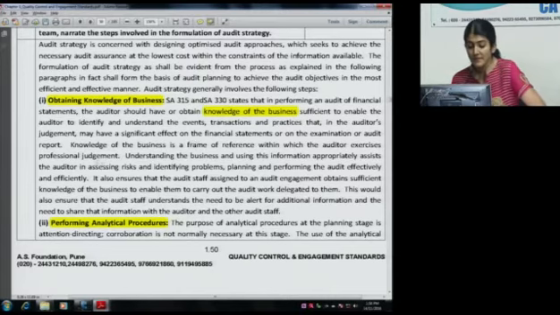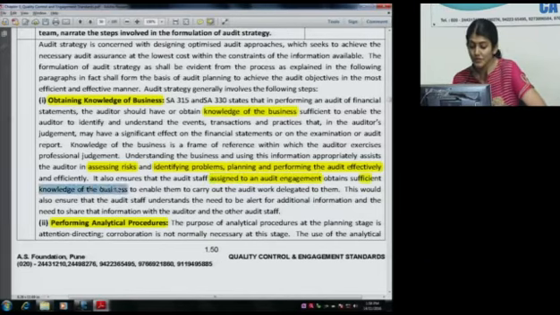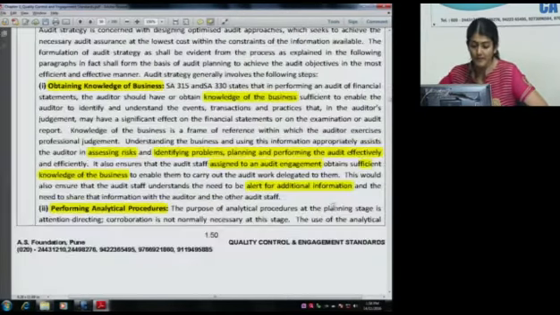Understanding the business assists the auditor in assessing risks, identifying problems, and planning and performing the audit more effectively. It also ensures that the audit staff assigned to an audit engagement obtain sufficient knowledge of the business. This would also help the audit staff understand the need to be alert for additional information. So that is first why KOC is required.